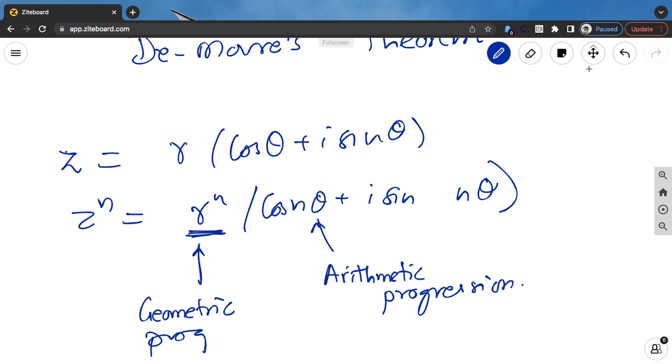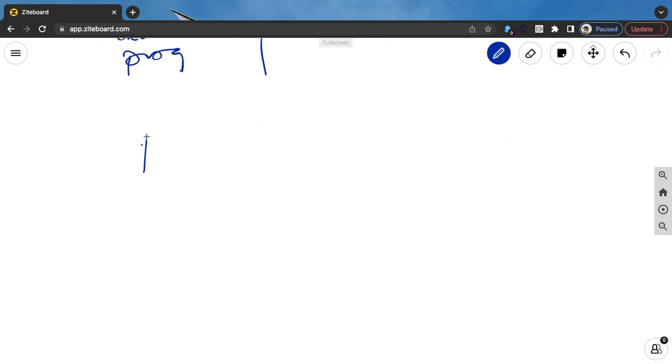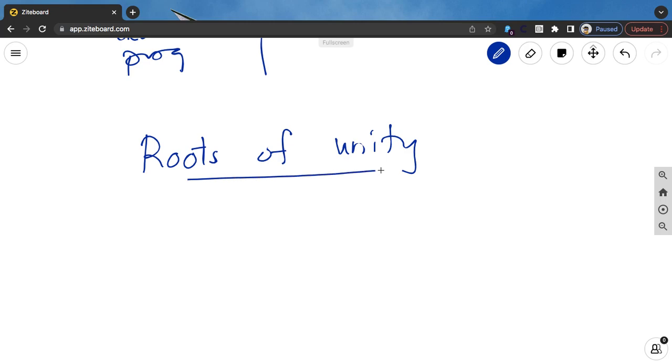Now what we are going to do is find out how we can use this concept of De Moivre's theorem for finding roots of unity. So, roots of unity. What is unity? Unity is 1. If I have the complex number 1, it has a real part, but it doesn't have any imaginary part; the imaginary part is 0.